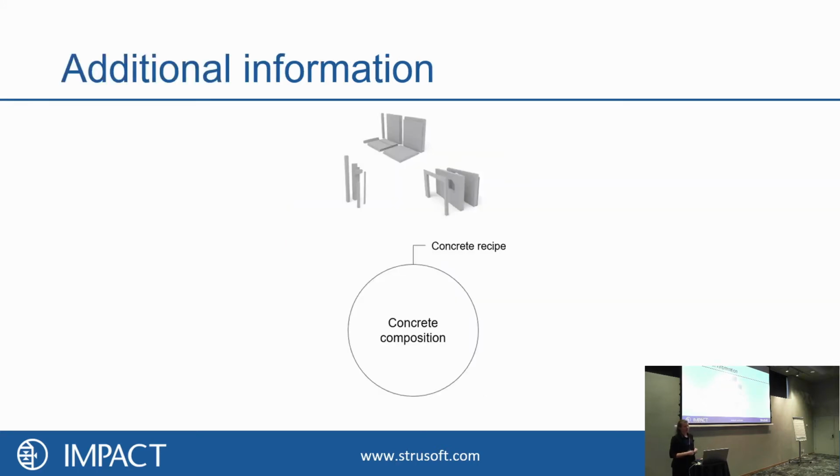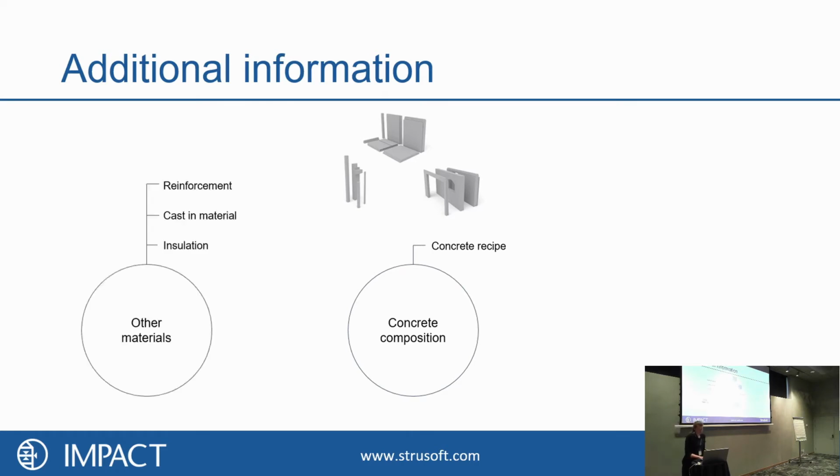So for the users to be able to calculate this in the module, you need to define your concrete composition, the concrete recipe. What are the different components in the recipe? And after that, when you have defined your concrete recipe, you also need to define what reinforcement is used.